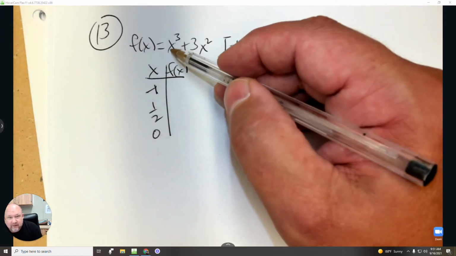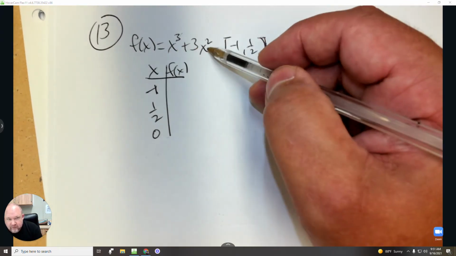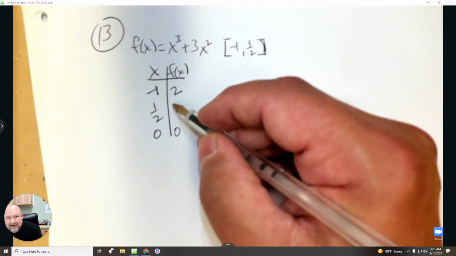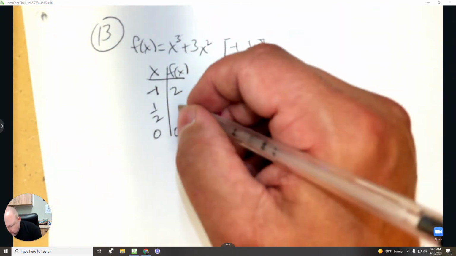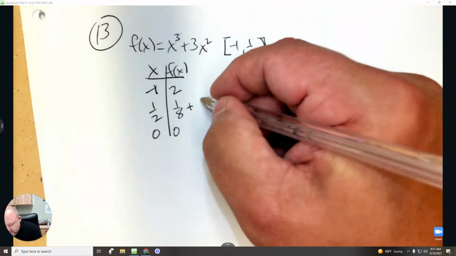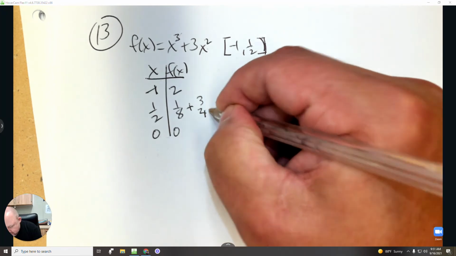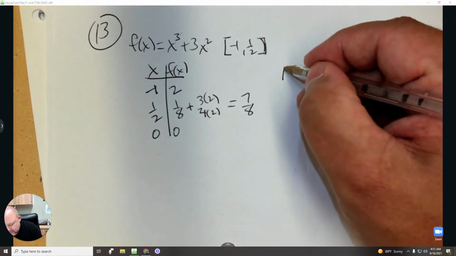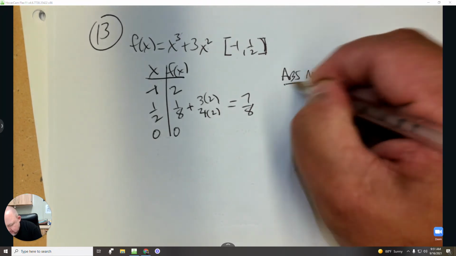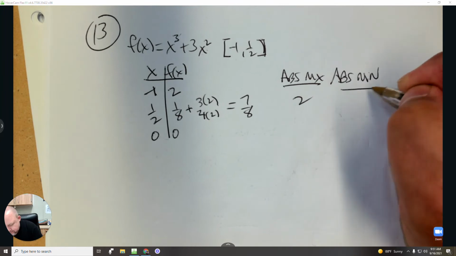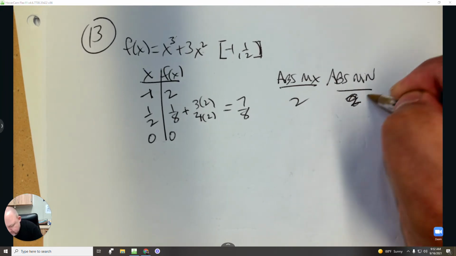So negative 1 is negative 1 plus 3. 0 gives me 0. 1/2 cubed is 1 over 8. 1/2 squared is 1/4, so that's 3/4. So that's 7 over 8. So the absolute max is 2, and the absolute minimum is 0. Oops, there it is.